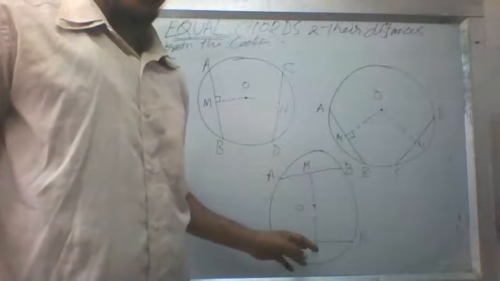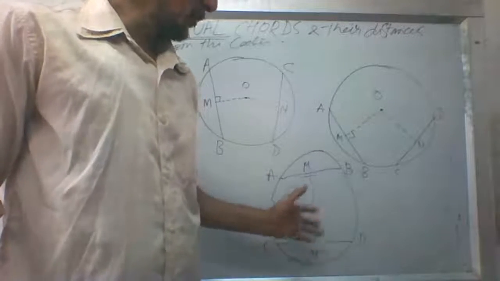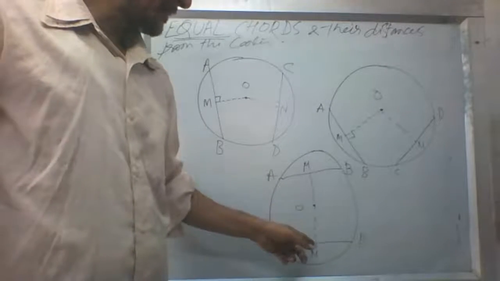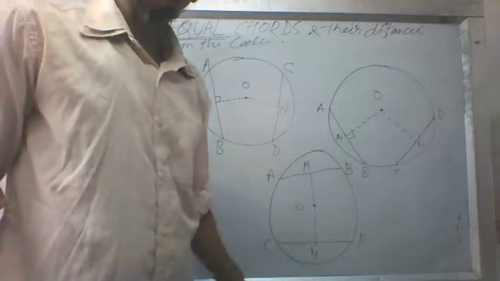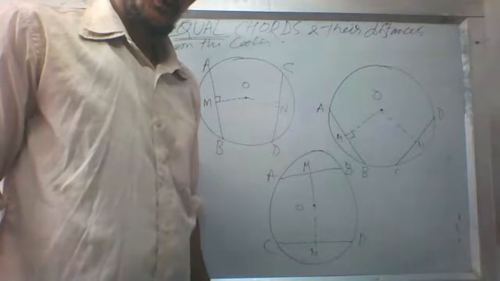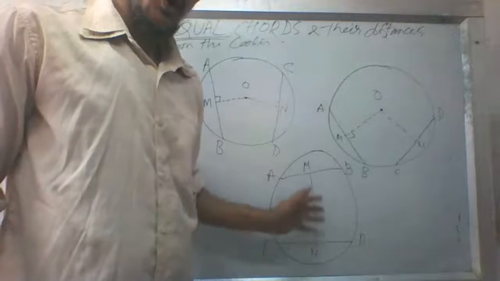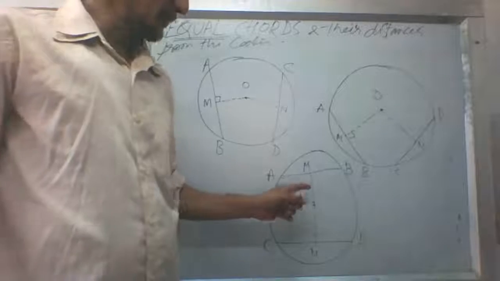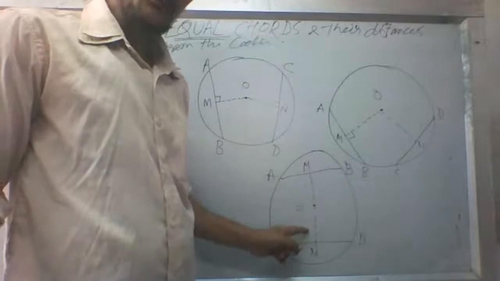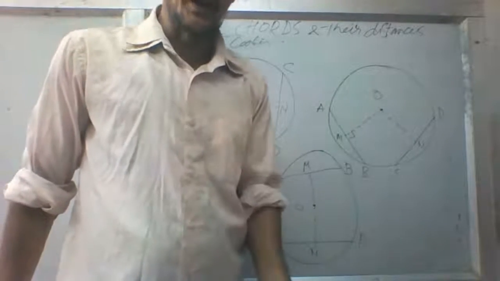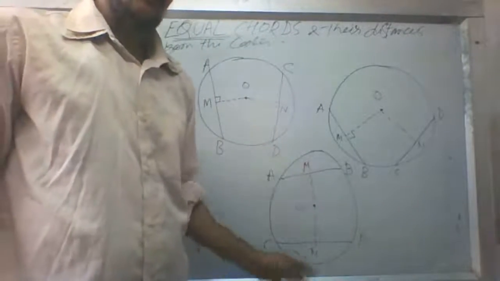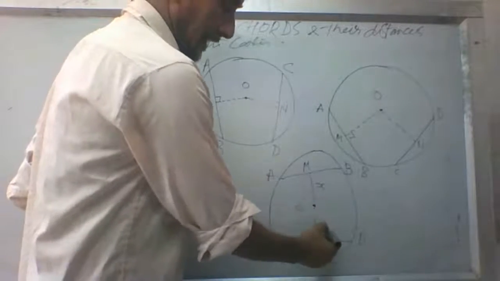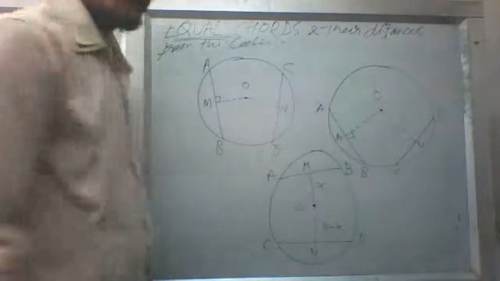In this type of diagram, the person who is making the question can confuse you by saying the distance between these two chords is 10 centimeter. If the chords are equal, it means this will be 5 centimeter and this will be 5 centimeter. If chords are unequal and distance is 10 centimeter, it means one distance will be x from O and the other will be 10 minus x.